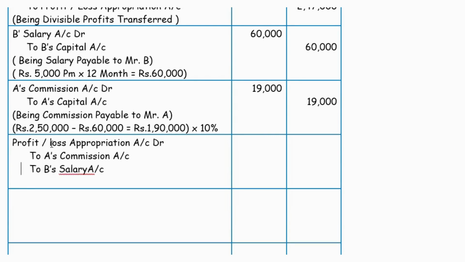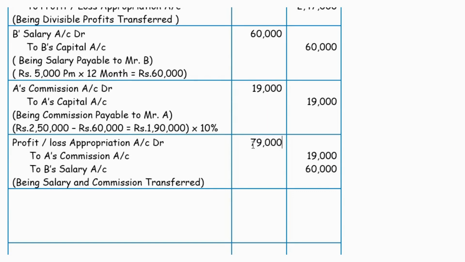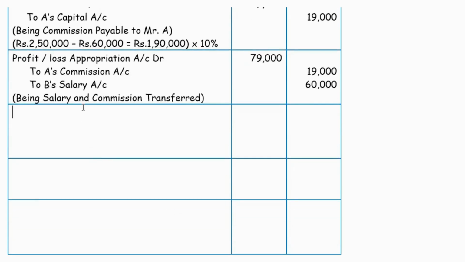These two are the commitments, that is the transfer of money to the partners, being salary and commission transfer. A is going to get a commission of 19,000 and B is to get a salary of 60,000. So totally 79,000 is the total money the firm has to pay to the partners.